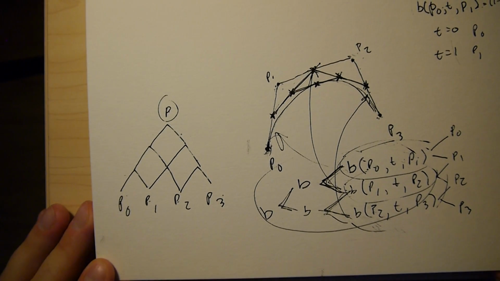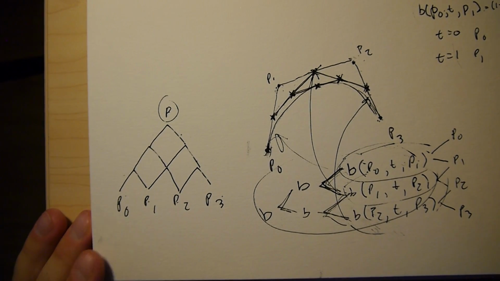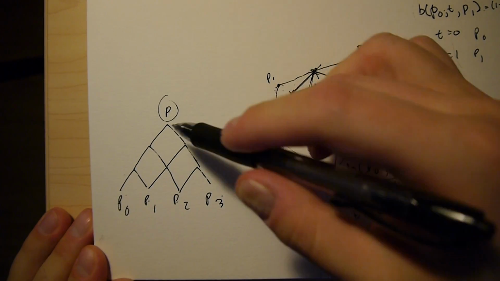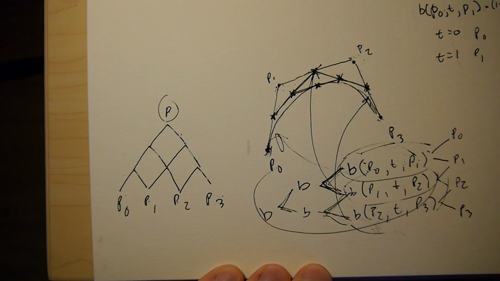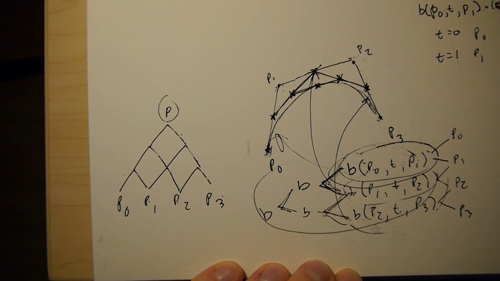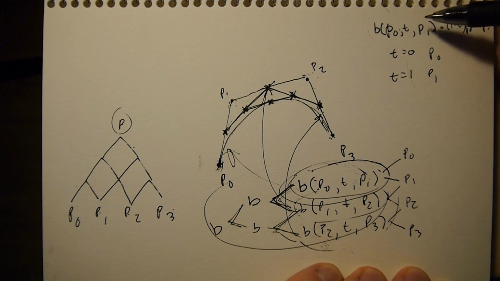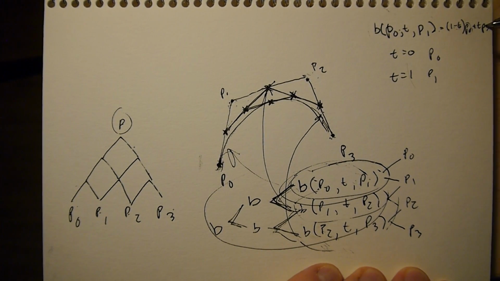Okay, how does that help me get the equation faster than actually doing the b the whole time? It helps me because if you think about what this is actually doing, these are multiplies. The b function is just a 1 minus t times the first input and a t times the second input.